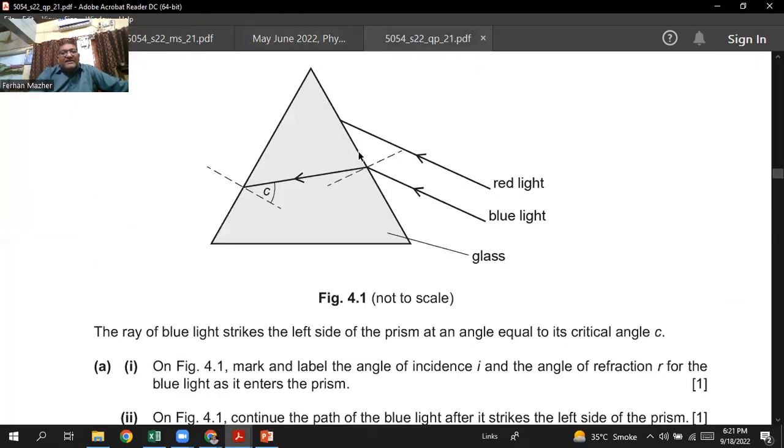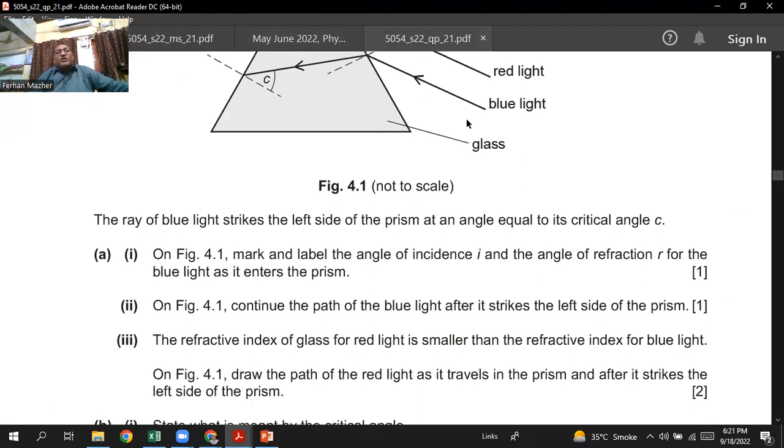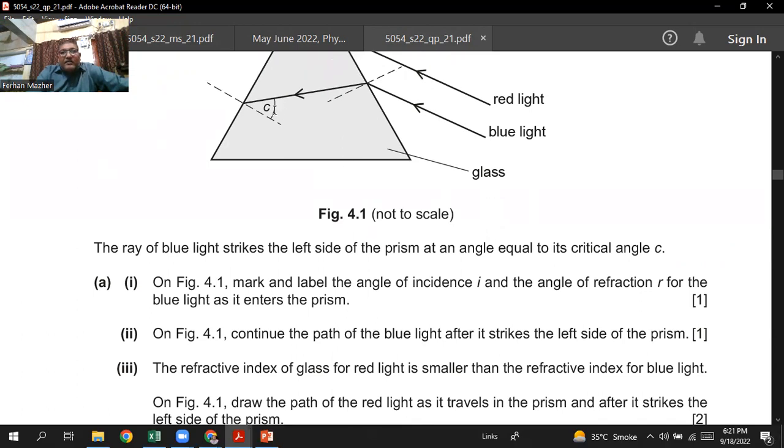Then they say on figure 4.1, continue the path of the blue light after it strikes the left side of the prism. Because this angle of incidence here is the critical angle, when the light comes out, it will travel along the surface. The angle of refraction in the rarer medium will be 90 degrees.